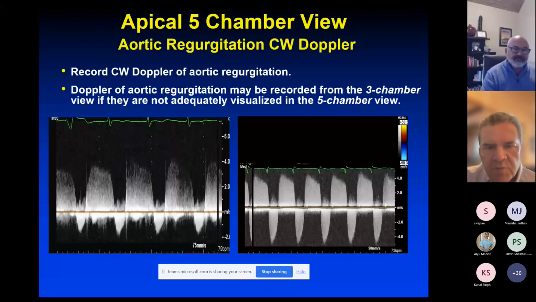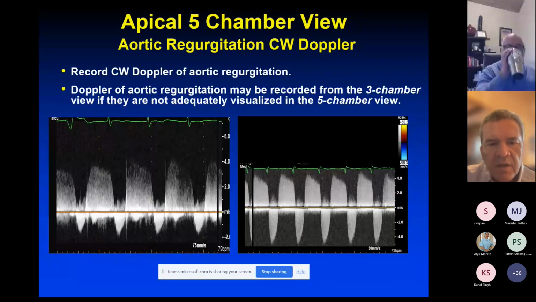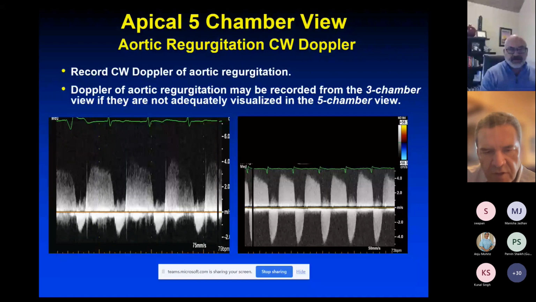And so with that continuous wave Doppler, we can look at the tracing to help us assess presence and severity of aortic regurgitation, in addition to elevated flow velocities that would suggest presence of aortic stenosis. And again, this can be obtained in this 5-chamber view, or if it's difficult to obtain a good quality 5-chamber view, can be obtained in the 3-chamber view.